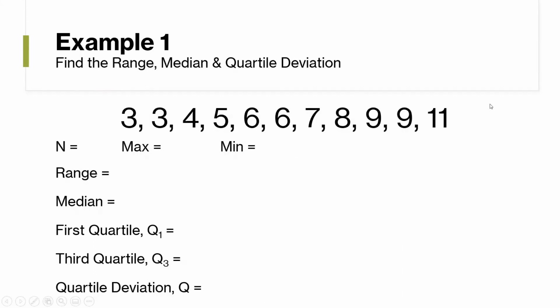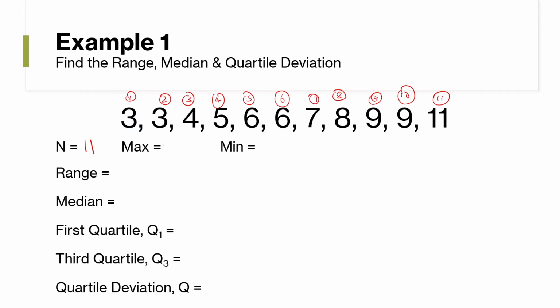Let's take a look at an example. You can easily spot that in this particular distribution you have 1, 2, 3, 4, 5, 6, 7, 8, 9, 10, 11 numbers. So the total number of observations is 11.